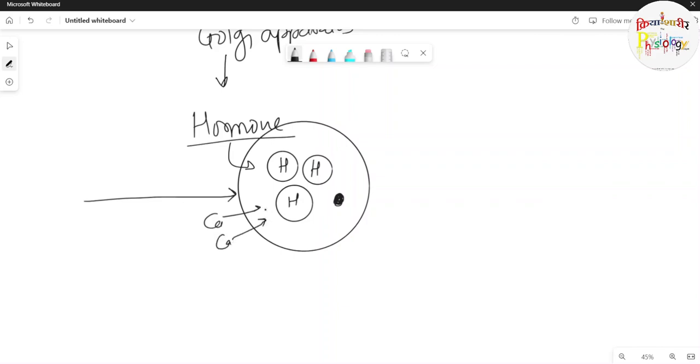Due to the increased concentration of calcium ions in the cytosol, these secretory granules release the hormone outside the cell into circulation by exocytosis. This process is known as calcium mediated exocytosis, meaning calcium is required for this exocytosis. So protein hormones are secreted outside the cell by calcium mediated exocytosis.